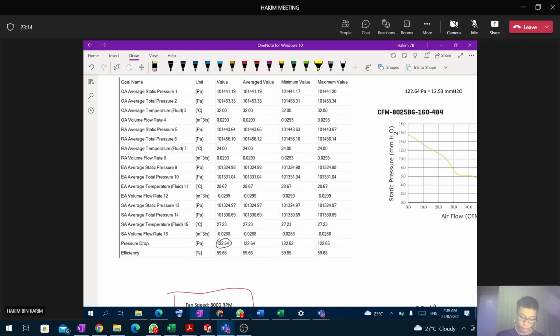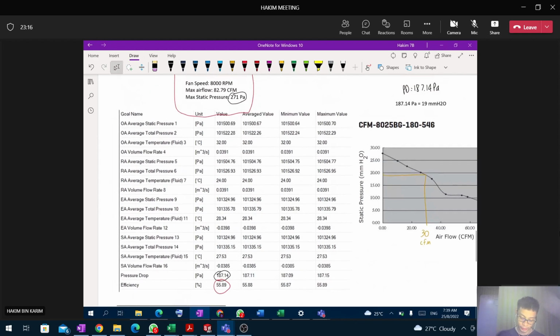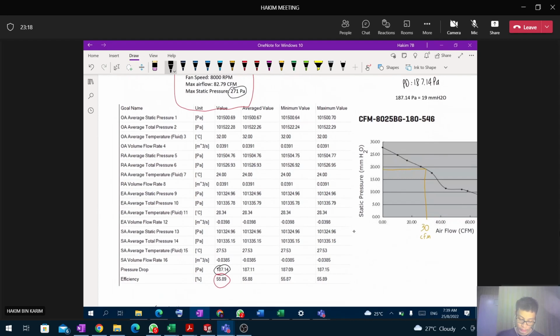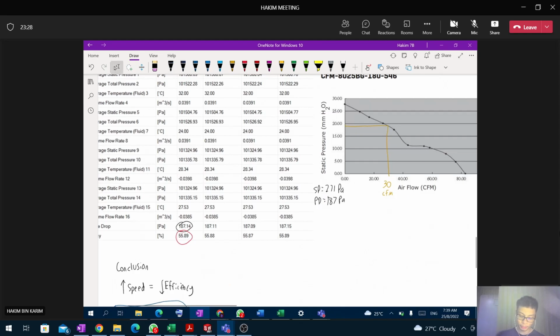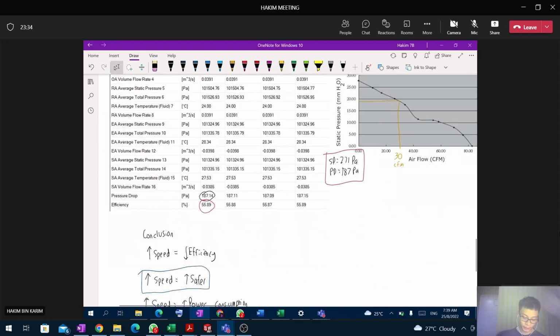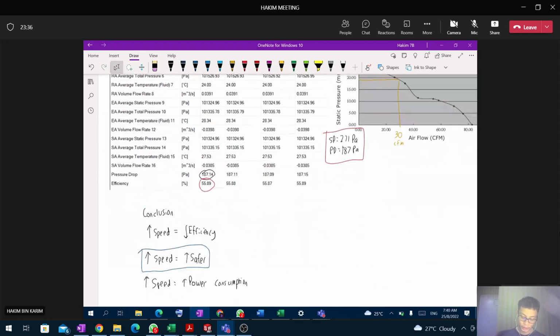We move further to 82.79 CFM. Static pressure is 271 Pascal. Pressure drop is only 187 Pascal. So the difference between these pressures is almost 100 Pascal. That's why I said that the higher the fan speed, the safer the design.